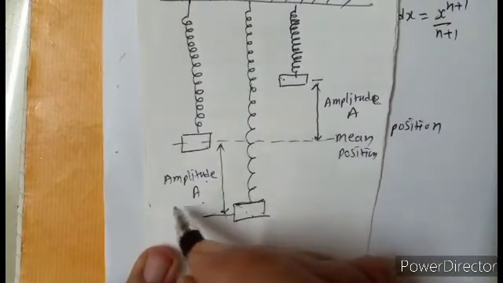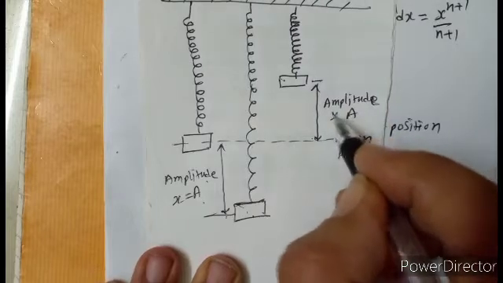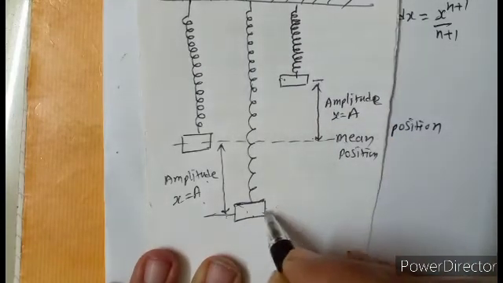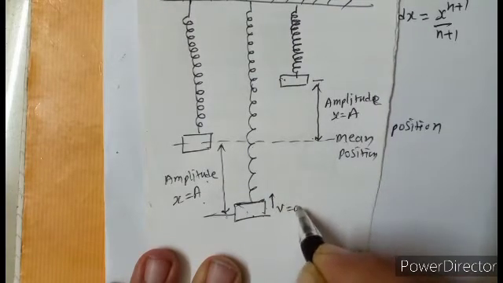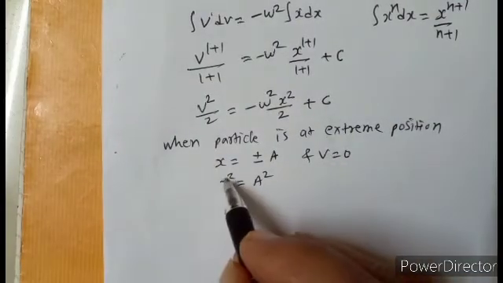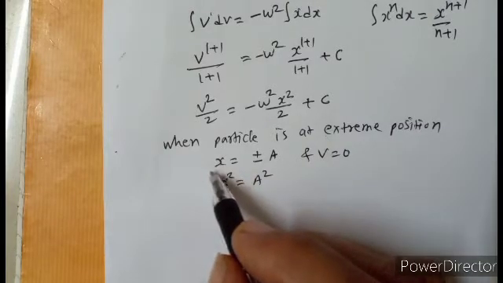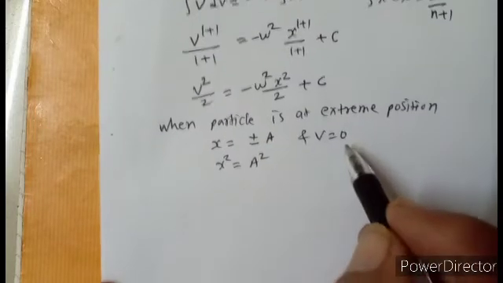So in place of x, now we write amplitude a. x is equal to amplitude a. But at the extreme position, the particle starts in a reverse direction, that means in the meanwhile its velocity is 0, before taking the reverse direction. So x is equal to plus or minus a, and v is equal to 0.